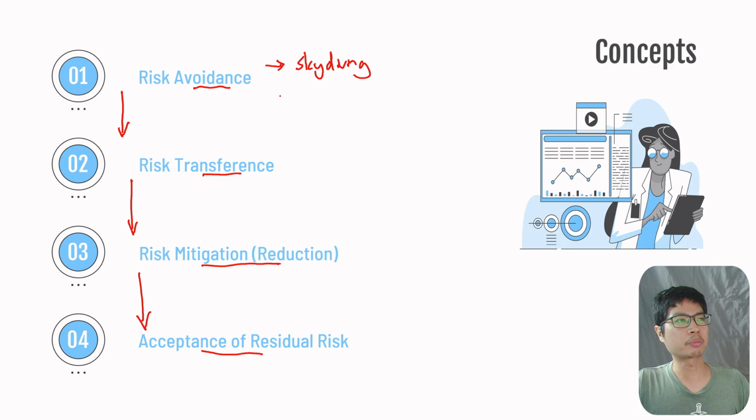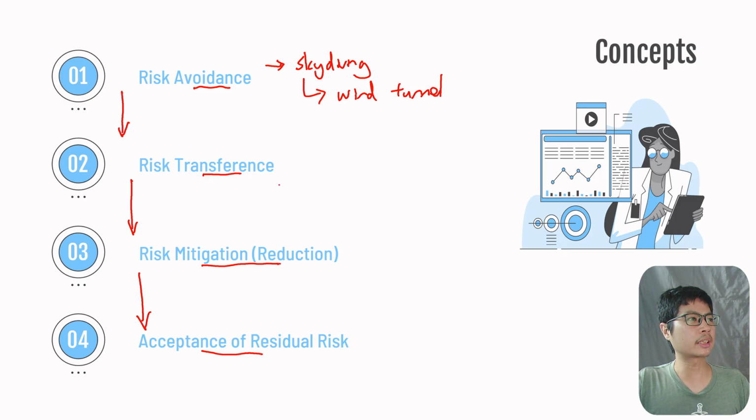I would say it's not possible if we really want to enjoy the activity of skydiving. But if we are able to avoid that risk, let's say do a wind tunnel instead, something that is fully on land, then we would avoid all the risks that are associated with skydiving. Okay, so that will be risk avoidance.